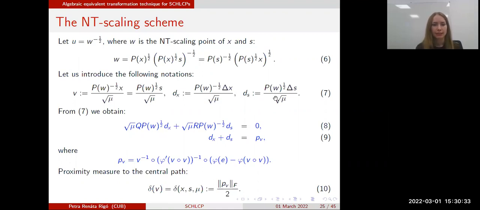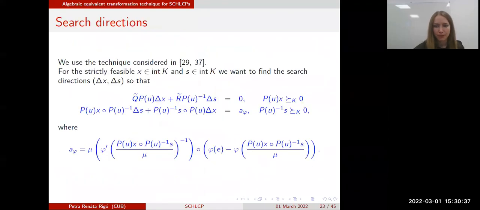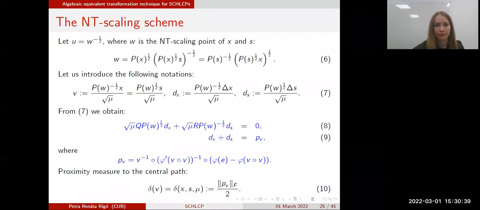And by using all these notations, we get the following system. The right-hand side here also depends on the function phi, but it can be proven that this system has a unique solution. So from here we can determine the search direction.